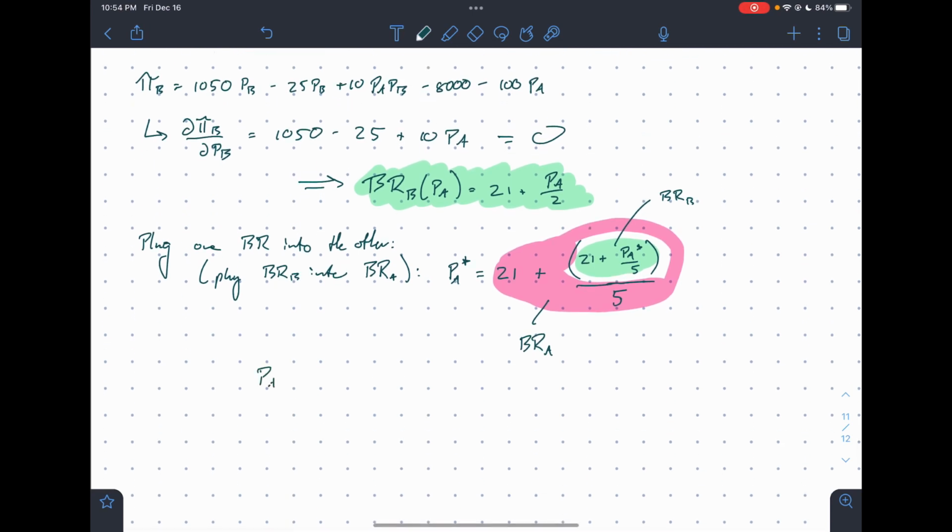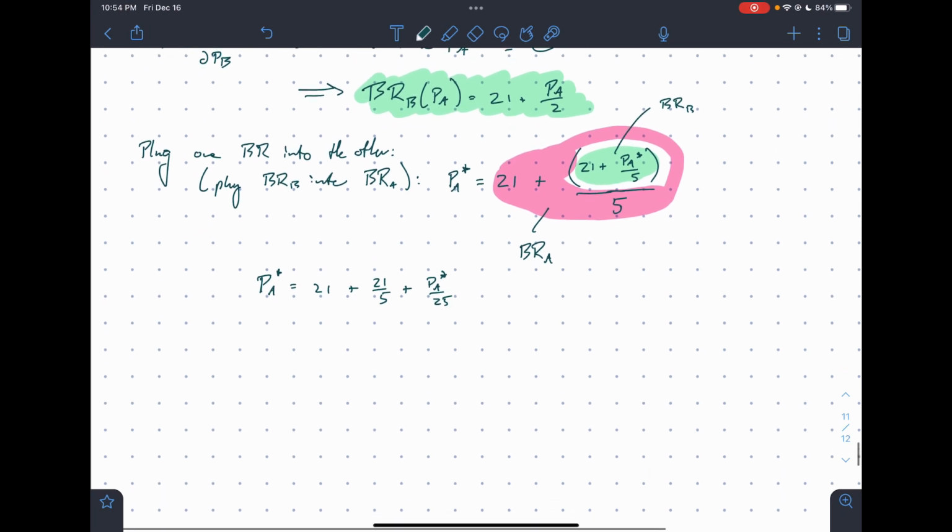PA star is 21 plus 21 over 5 plus PA star over 25. I'm going to subtract this over to the other side. So I get 24 over 25 PA star equals 21 plus 21 over 5.